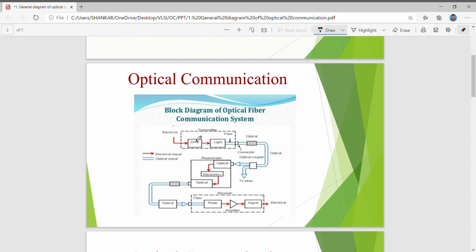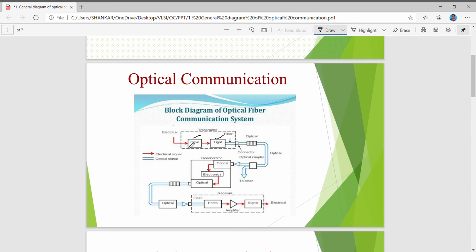In this transmitter section, this block is the drive circuit and this is the light source. The red line represents the electrical signal, and the blue line represents the optical signal.